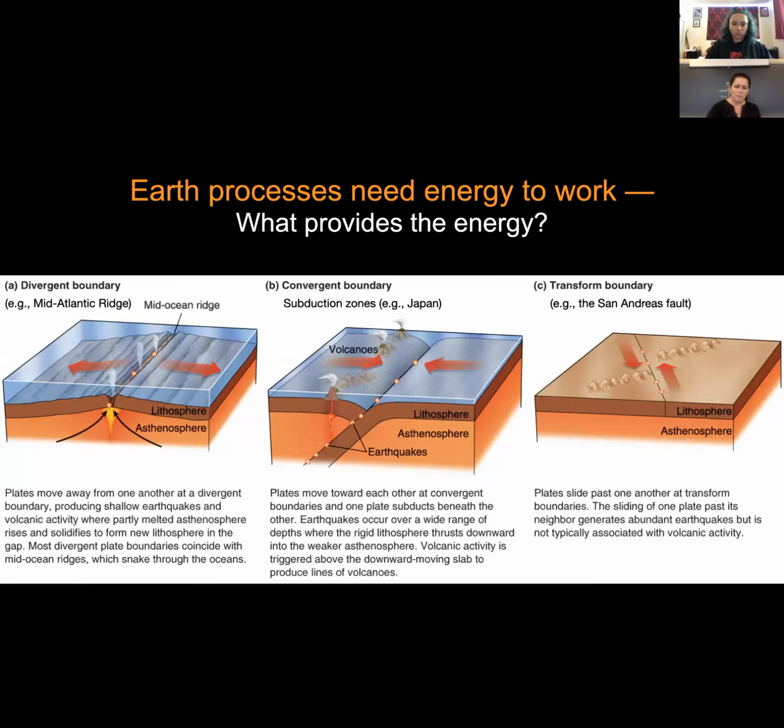A convergent plate boundary, in this case, is two oceanic plates that are colliding. The one that is comprised of colder, older, more dense crust sinks below the other one. And then you get melting above that subducting plate, not melting of the plate itself.